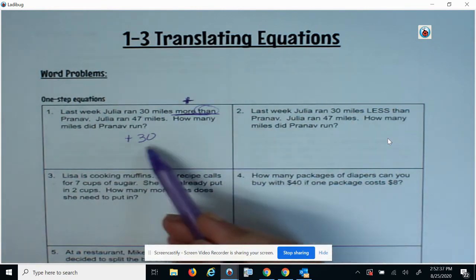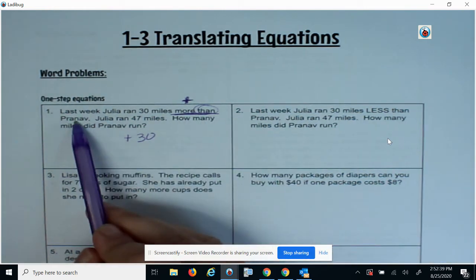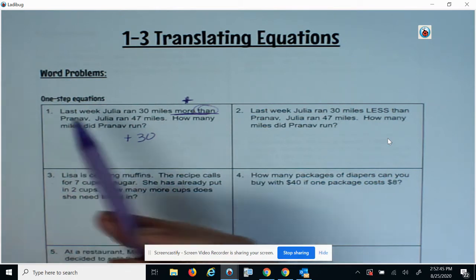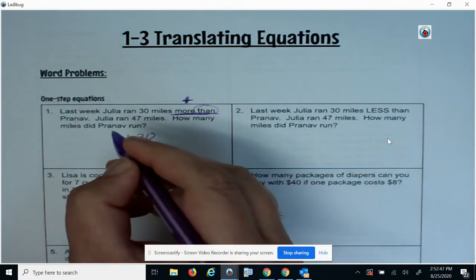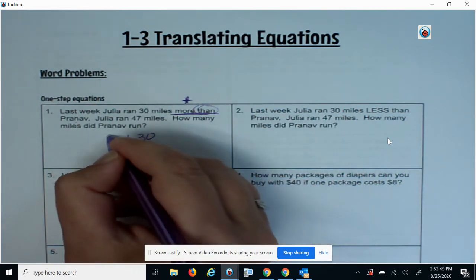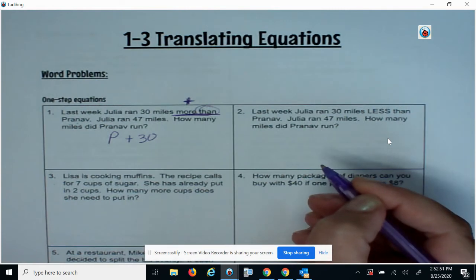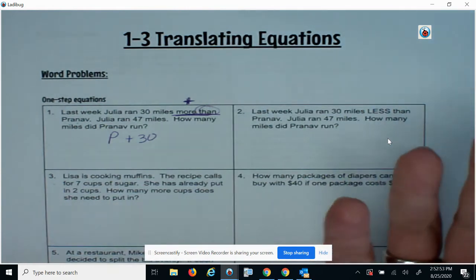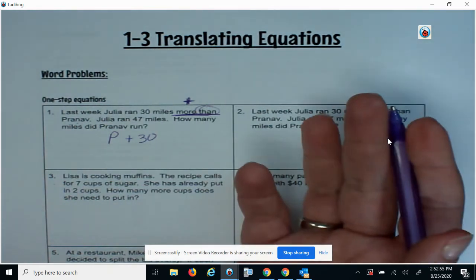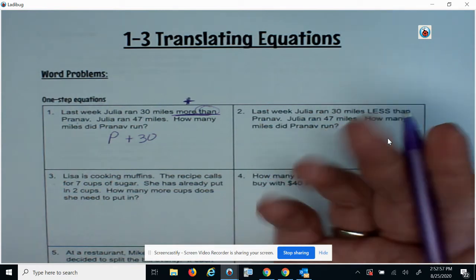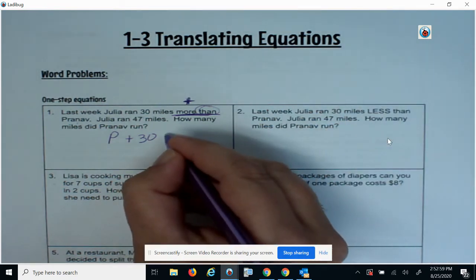So what plus 30? Well, more than what Branov ran, but we don't know that, right? So that's going to be our variable. The variable is just something we don't know. So something that means how many miles Branov ran, let's make it a P for Branov. It could be X, Y, Z, N, R, doesn't matter, as long as it's a variable, you're writing an equation.